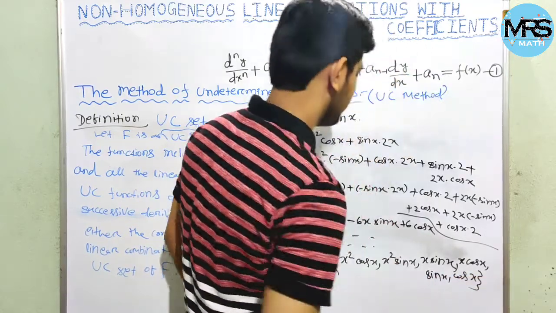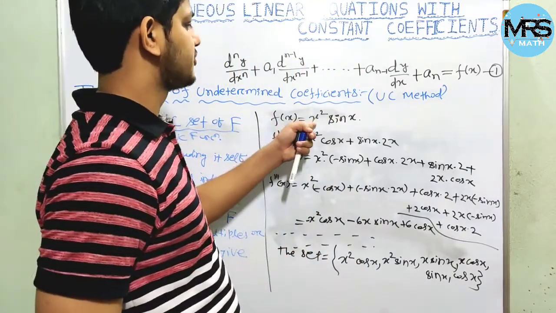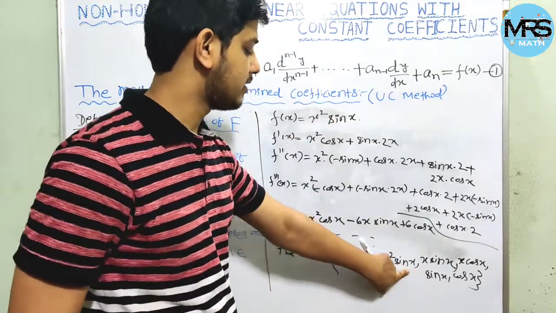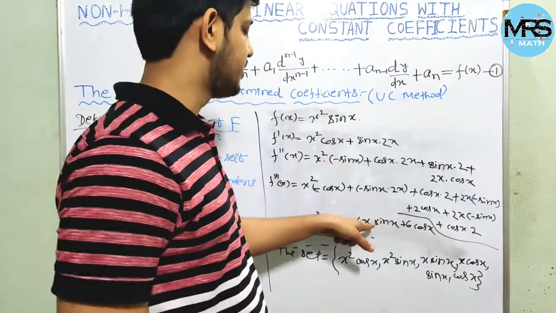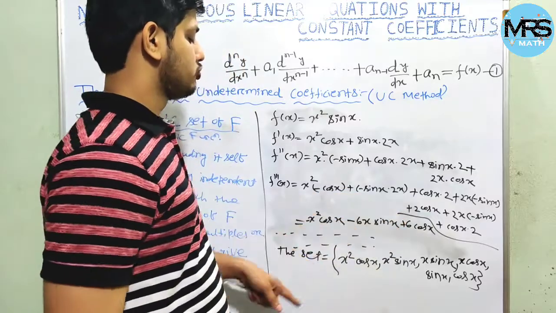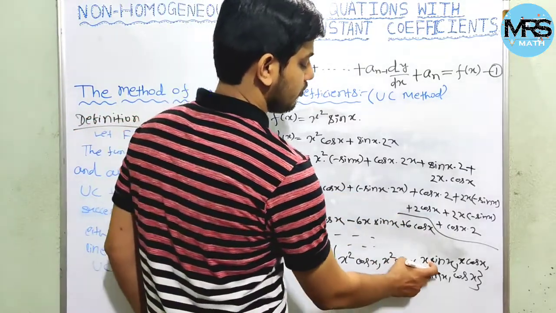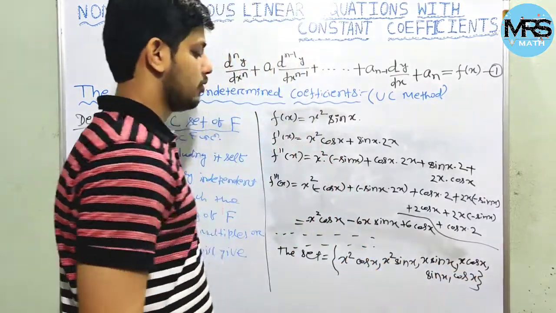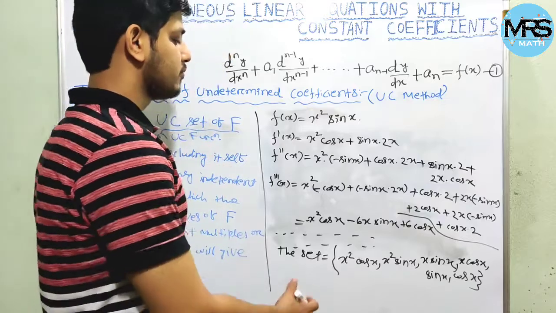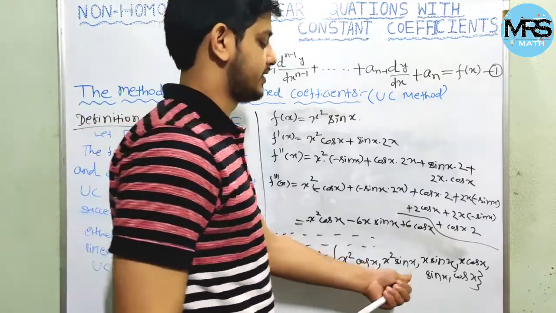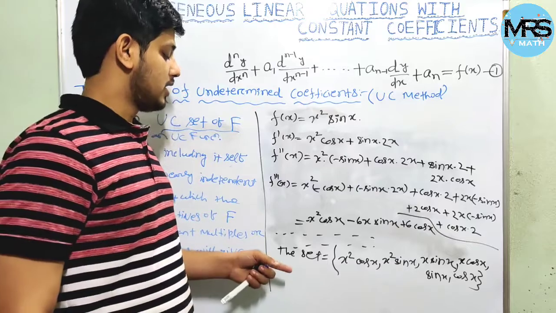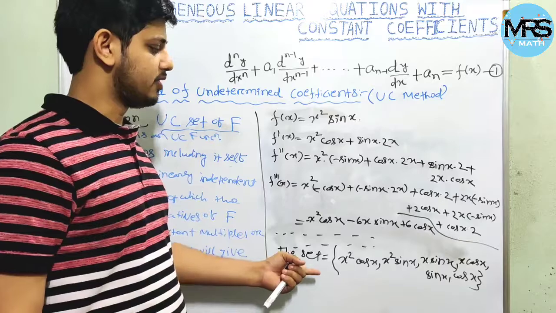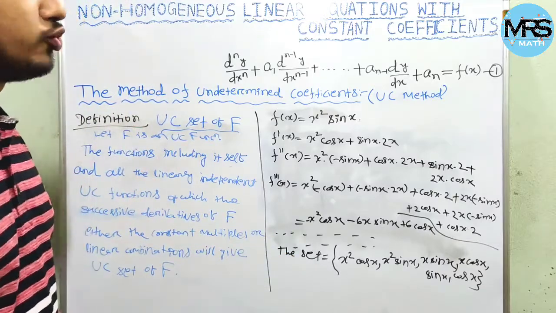So whatever functions it contains, itself, that is x square sin x, is there, and all the successive derivatives we take give only this type of functions: x square cos x, x sin x, x cos x, sin x only and cos x only. So this collection will form the UC set for this function. Hope you are clear by these two examples.